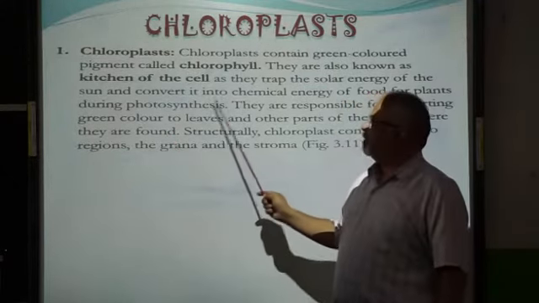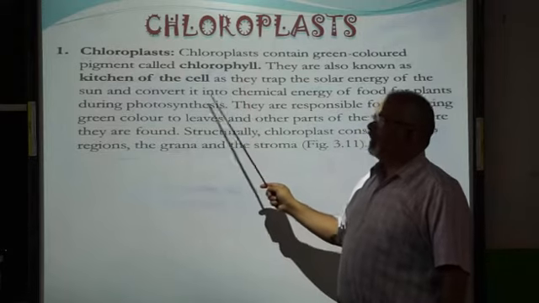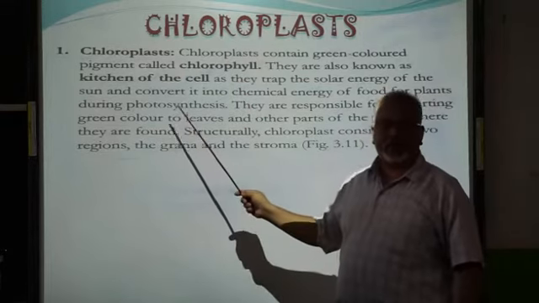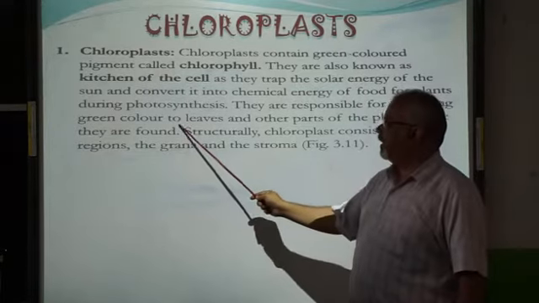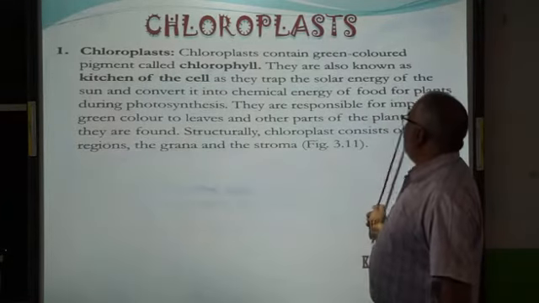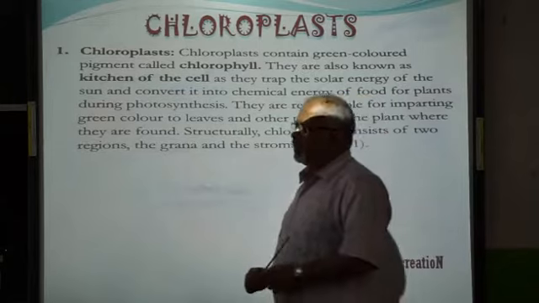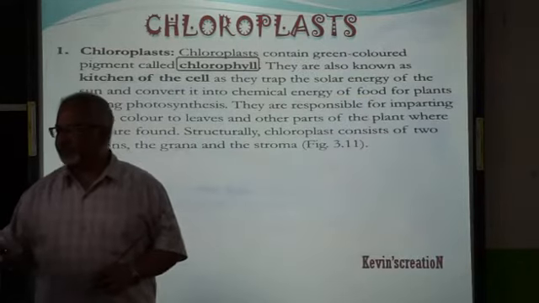This green color pigment, chlorophyll, plays a very vital role in photosynthesis because this is the one which traps the solar energy. They are responsible for imparting green color to the leaves.